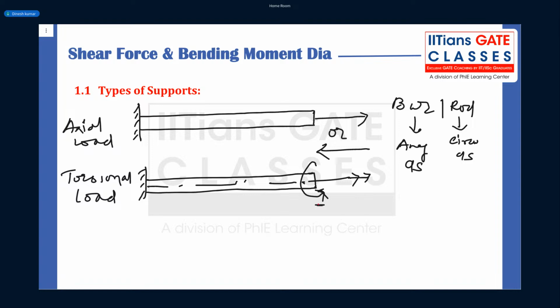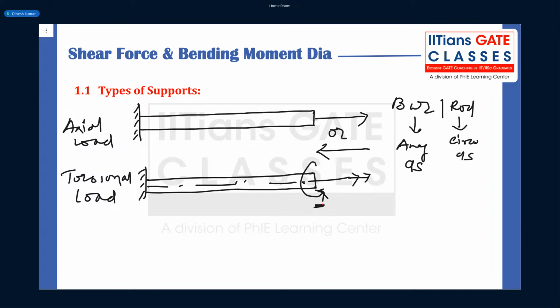Now, guys, suppose this couple is not applied about the longitudinal axis, then it is known as what? Shraddha, because basically torque is a couple, right? If this is not applied about longitudinal axis, then it is known as eccentric.